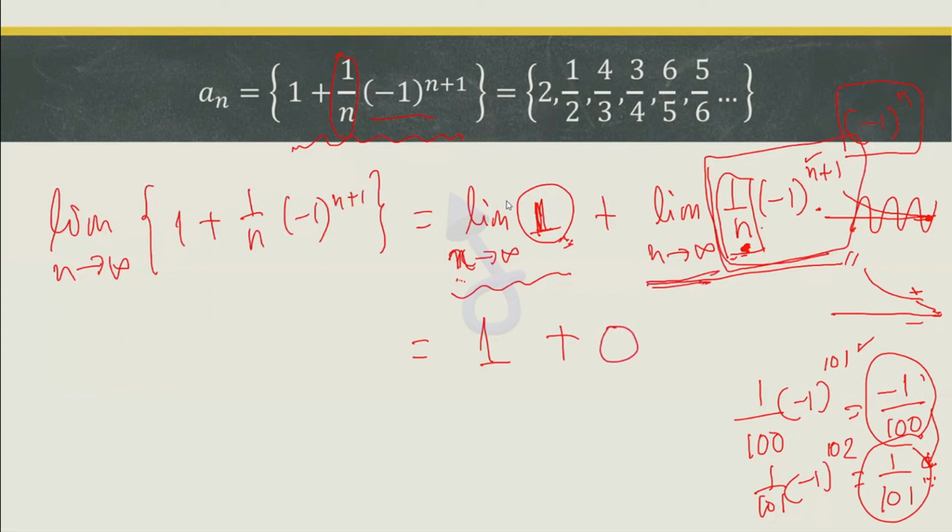Again, that is because this value in the denominator forces the whole term to get smaller and smaller, even as it fluctuates between positive 1 and negative 1 in the numerator. And so the limit of the entire sequence can be regarded as 1.